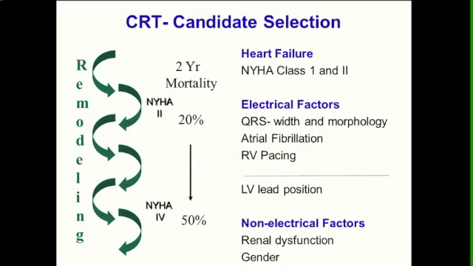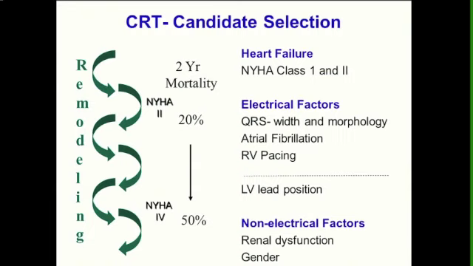Attention is focused on the QRS itself, both width and the morphology, the impact of atrial fibrillation, of RV pacing, attention to the LV lead, because we deliver the LV lead according to the patient's anatomy, and sometimes this may actually determine the response. So the patient's anatomy for the coronary sinus tributaries has an effect on his ultimate outcome.